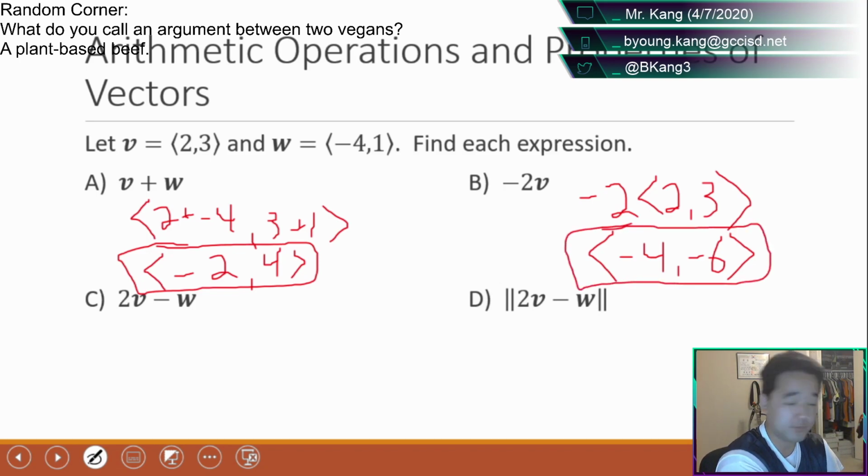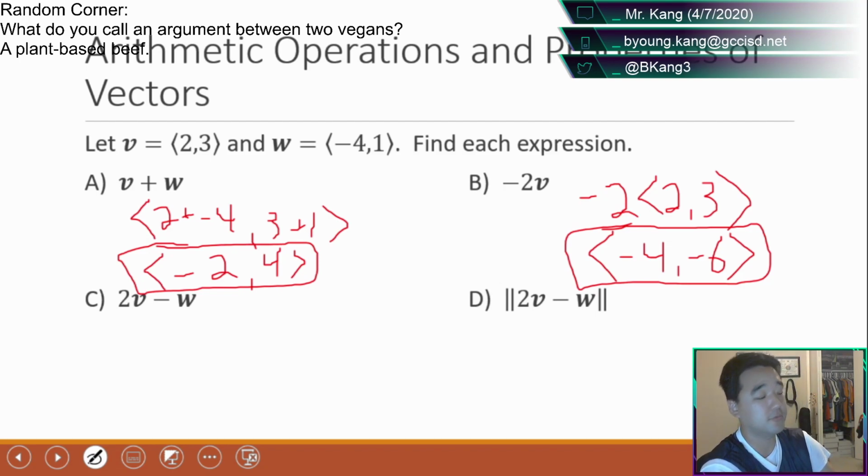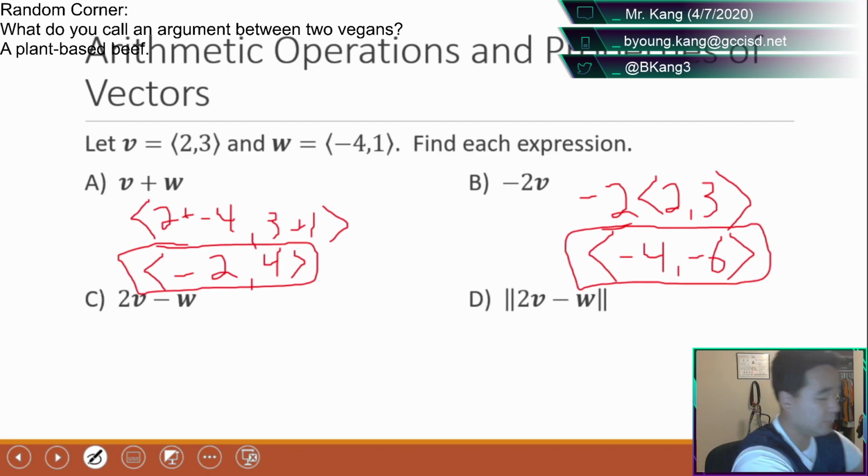2v minus w, so we got a little bit of both to do. Just like normal algebra, you want to distribute the 2 first before you subtract the w. So 2v is just multiplying by 2, not negative 2. So it's just 4, comma 6. We want to subtract away w.